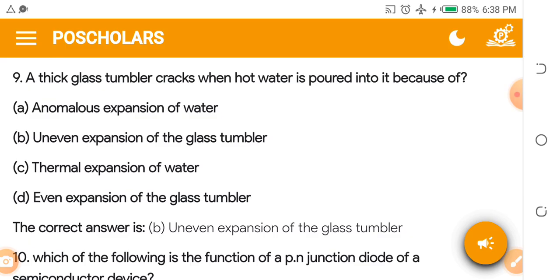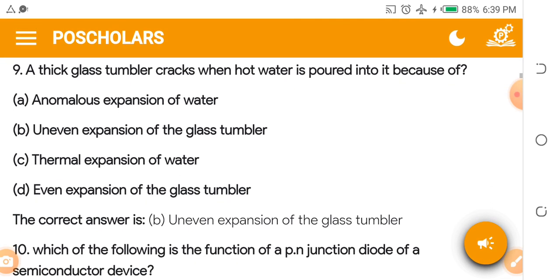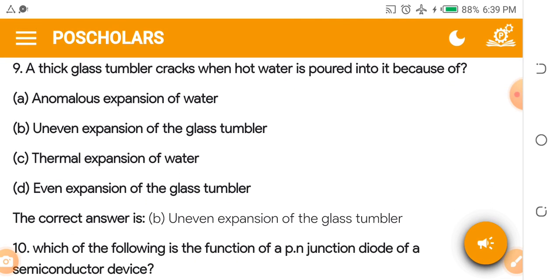A, anomalous expansion of water. B, uneven expansion of the glass tumbler. C, thermal expansion of water. D, even expansion of the glass tumbler. The answer is uneven expansion of the glass tumbler.